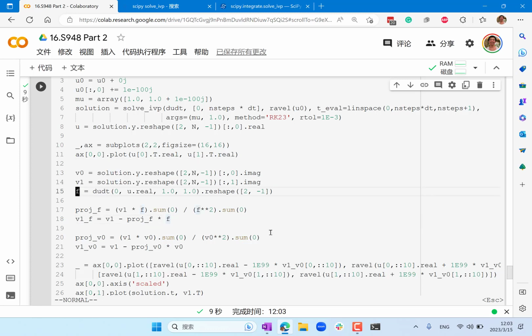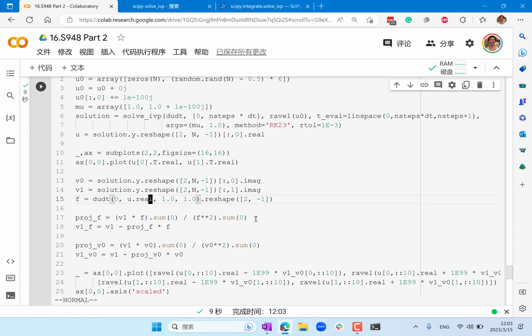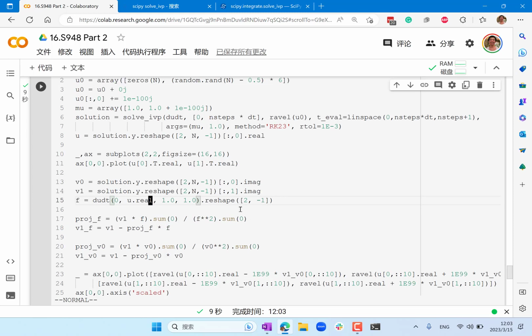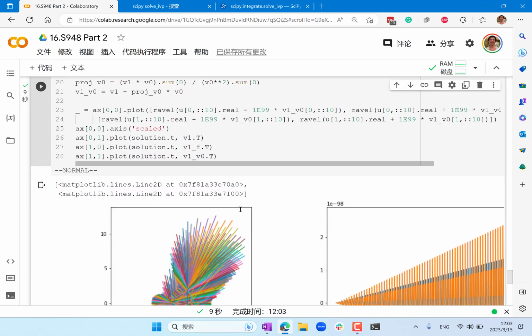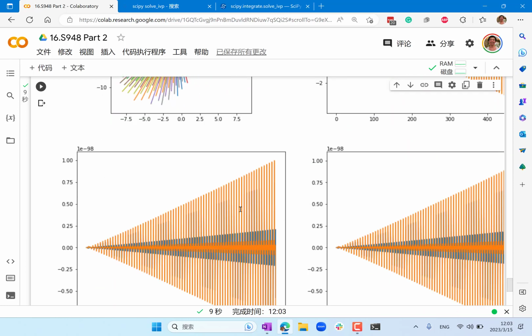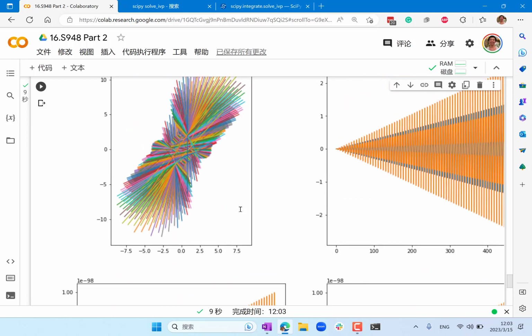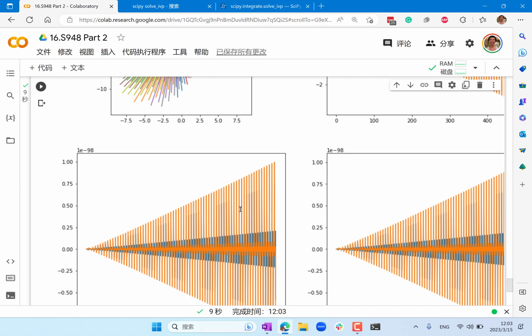So my f is du dt u dot real. Yeah, that's no problem. It looks like the projection didn't really do anything, right?